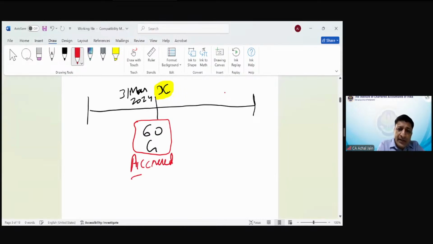Tell me, can the bank record this income? Can the bank recognize this income of 60 crore? What do you think?